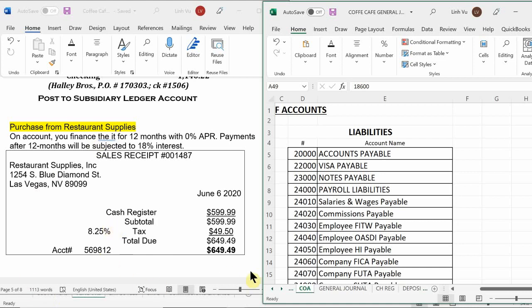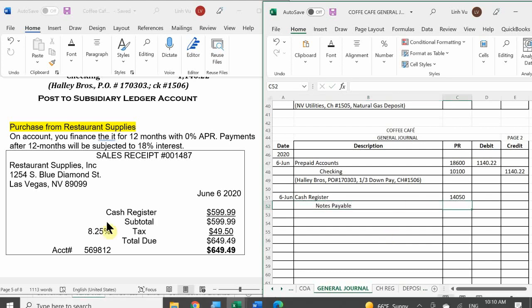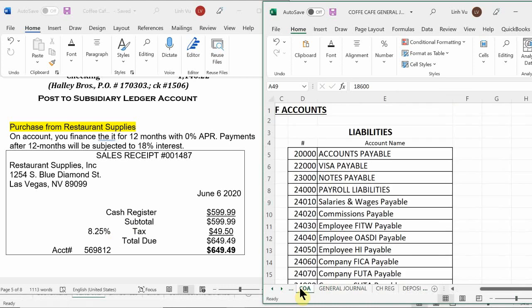So if this is a notes payable, right? How am I going to journalize this? Okay, so we said we have a cash register for 14,050, and then we have a notes payable, right? Which is account number 23,000.